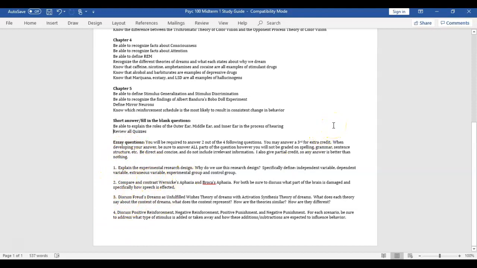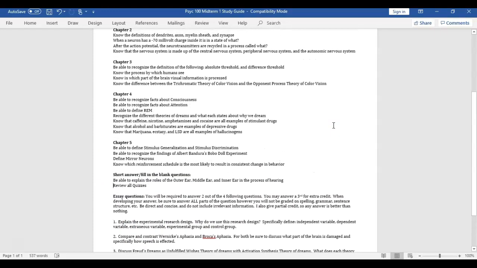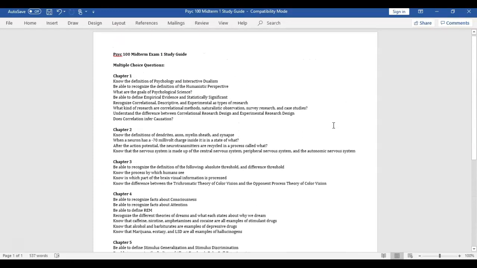Okay, going back to the multiple choice section, there are a couple of things in each chapter that say, like, know the definition, be able to recognize. These are the things you want to go look up in the slides or in the textbook. And then there are some notes that say, okay, so recognize correlational, descriptive, and experimental as types of research.